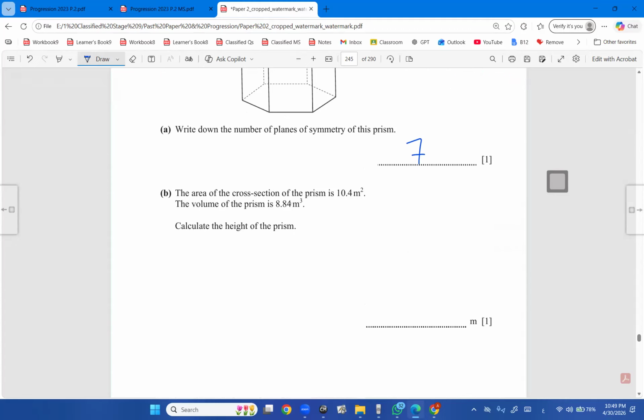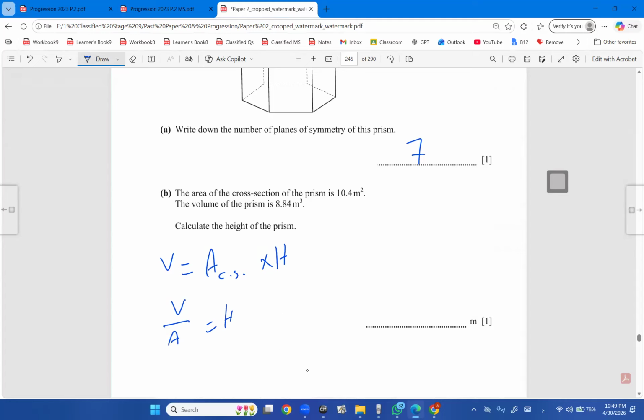The area of the cross section of the prism is 10.4 meters squared. The volume of the prism is 8.84 meters cubed. Calculate the height. We know that volume equals area of cross section times height. So if you want to find the height, it is just volume over area.